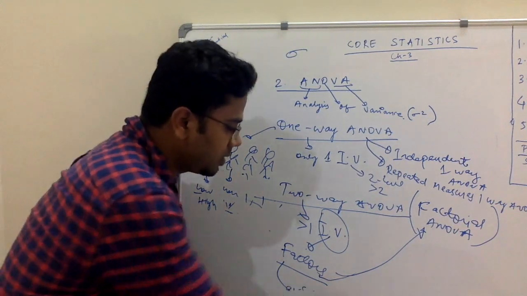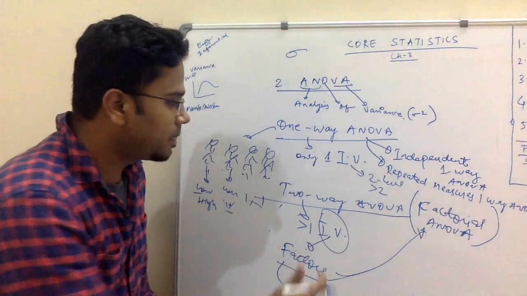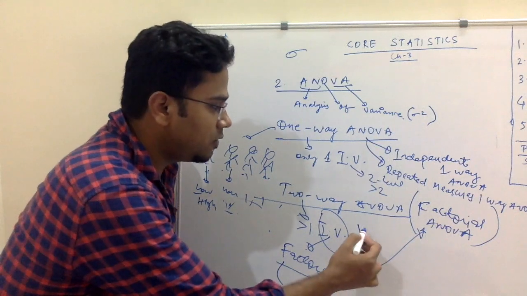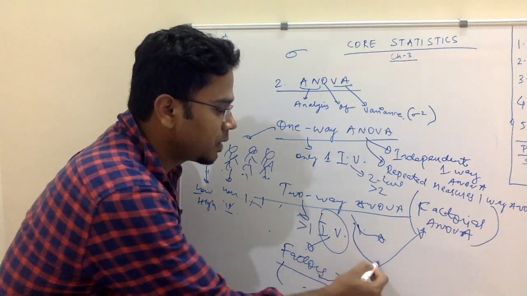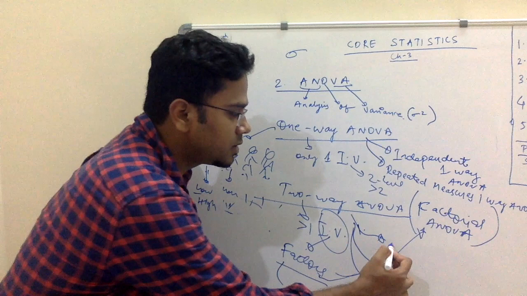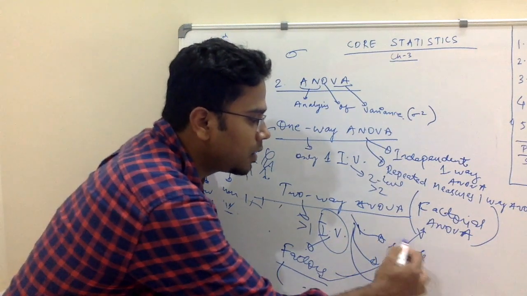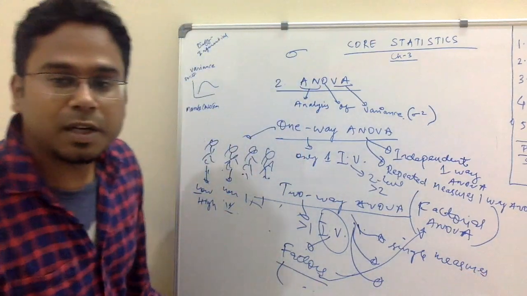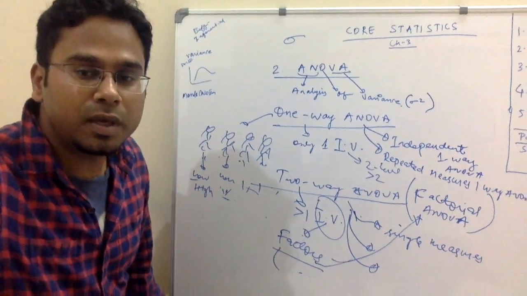It's not visible. Okay, so the factorial ANOVA can be of three types. One would be your single measures, in which each participant goes through one level only once.